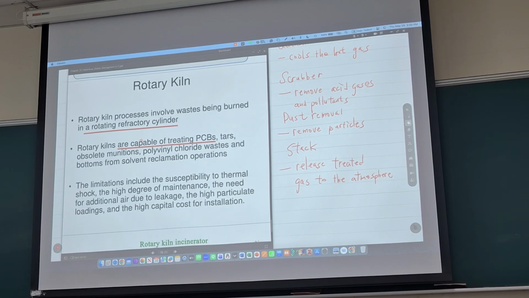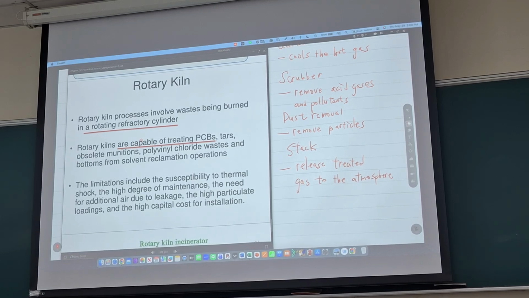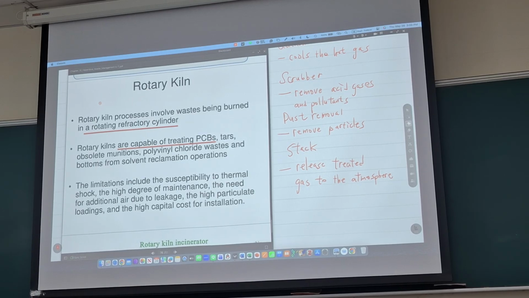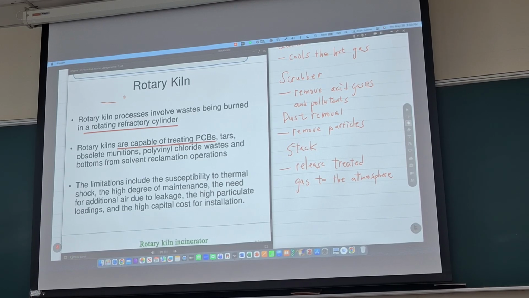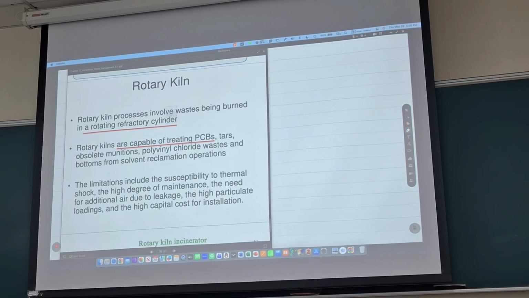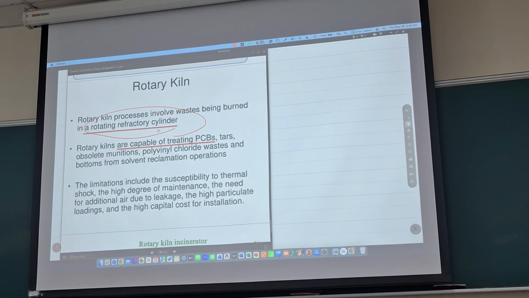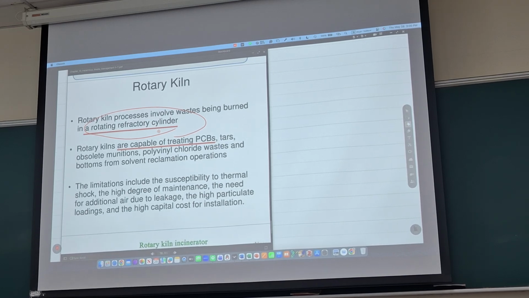The last one we are going to talk about is the rotary kiln incinerators. So what is this? Actually, this is a very large rotary cylinder, used to burn hazardous waste.